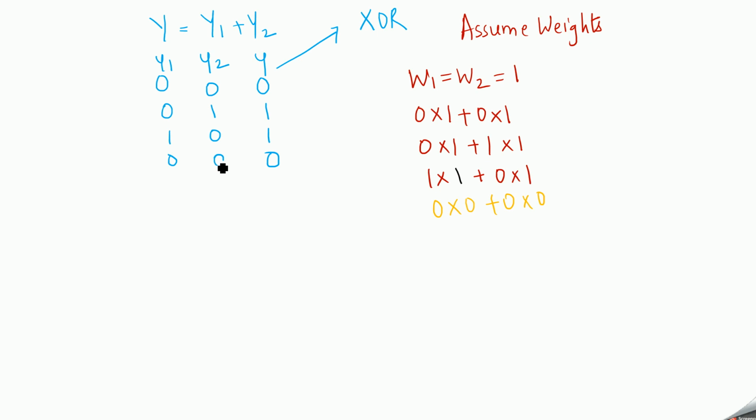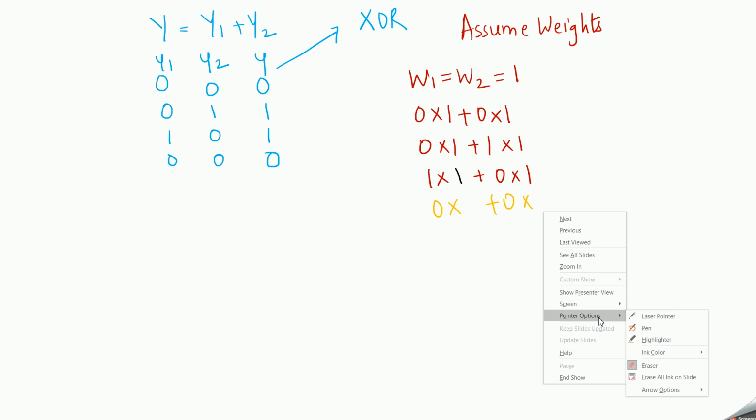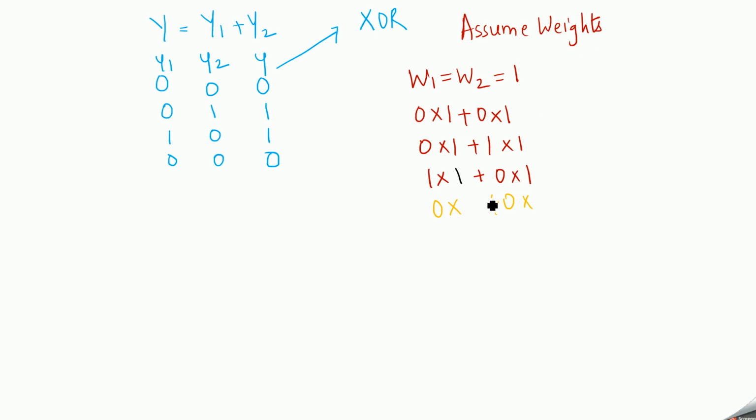And this is 0 into 0. Sorry. Both should be 1. The concept is extremely simple. It's multiplying with these weights. So when you multiply, you basically get 0, 1, 1 and 0.